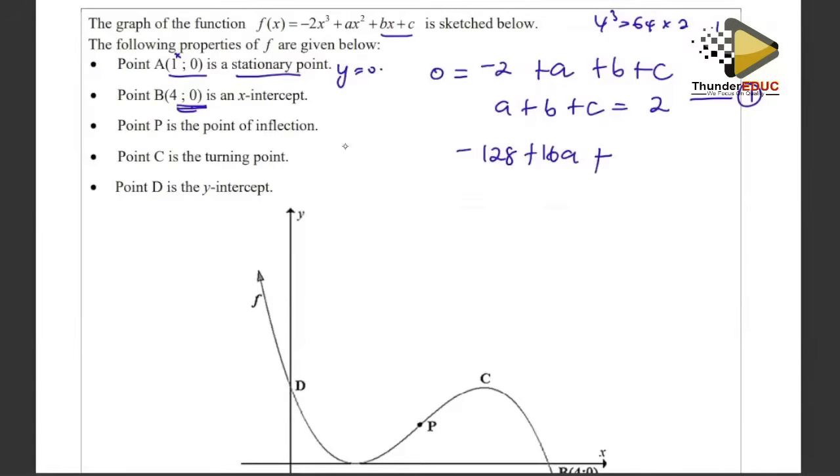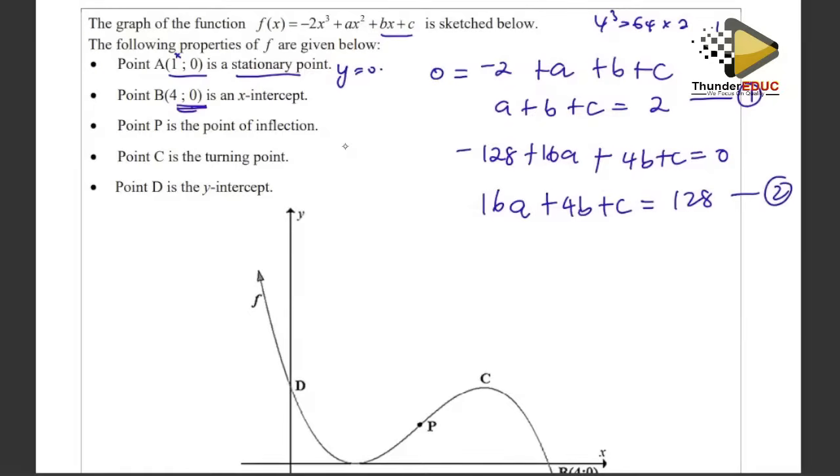It's a plus. The b is going to be 4b plus c is 0. Rearrange this, you have 16a plus 4b plus c gives us 128. That is equation number 2.